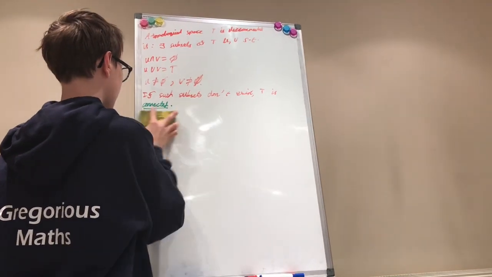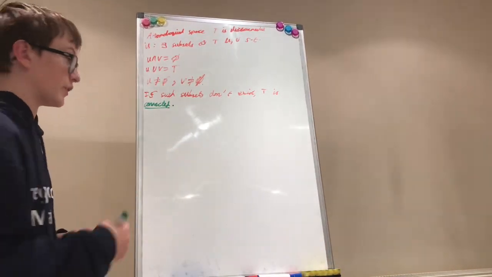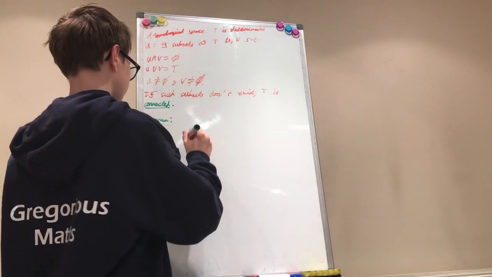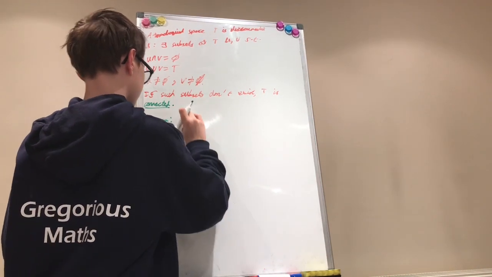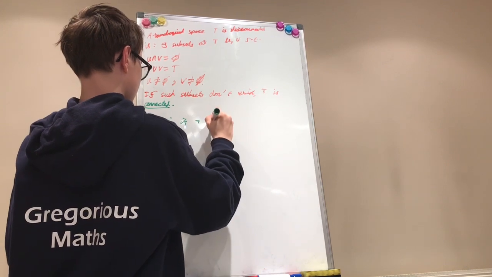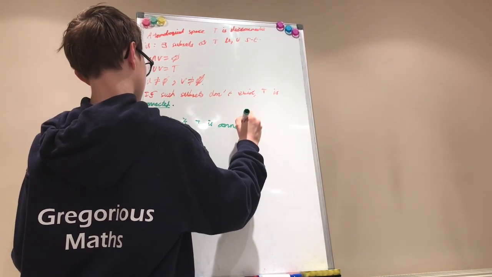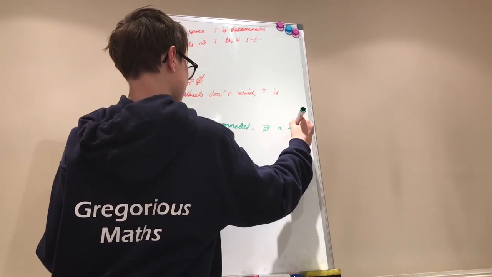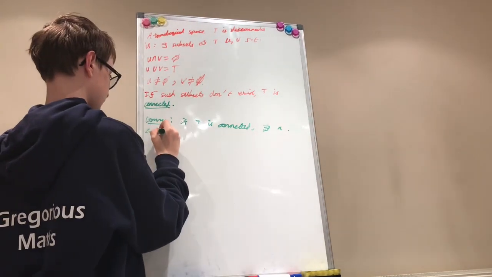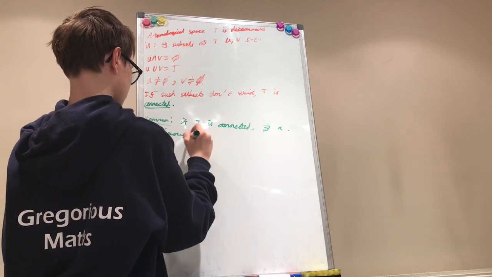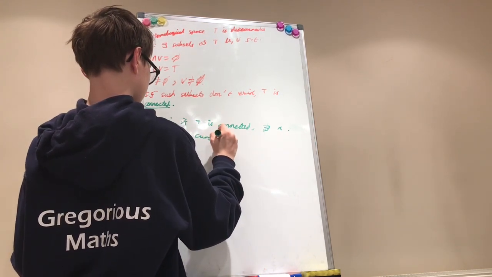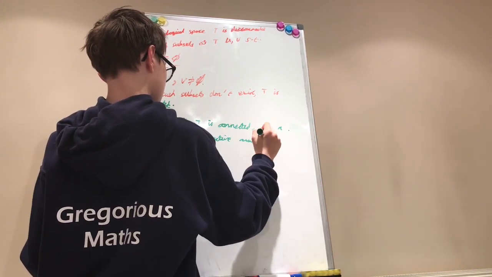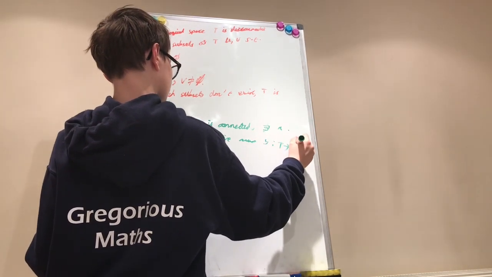Now, a surprisingly important lemma, at least for this video, is: if T is connected, there cannot exist a continuous, surjective map f from T to the zero sphere.